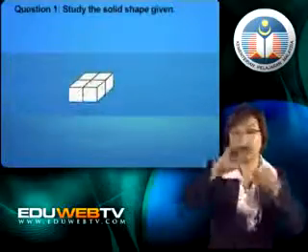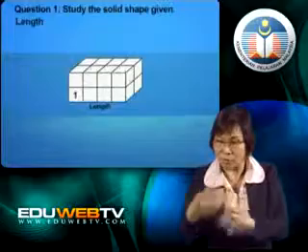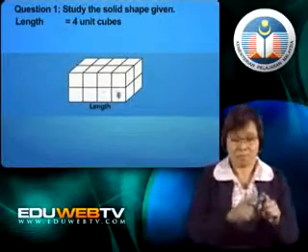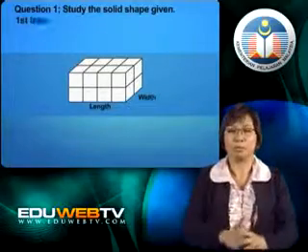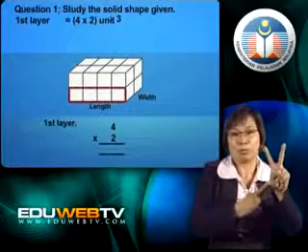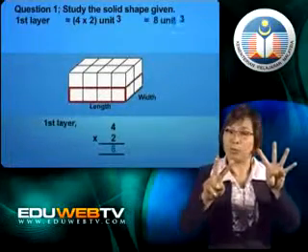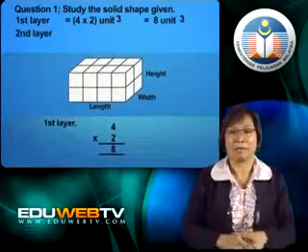Question 1. Study the solid shape given. Count the cubes to get the answer. Length is equal to 4 cubes. Width is equal to 2 unit cubes. To get the first layer, we can multiply the length by 2. 4 units multiplied by 2 equals 8 unit cubes. The second layer is identical to the first layer.